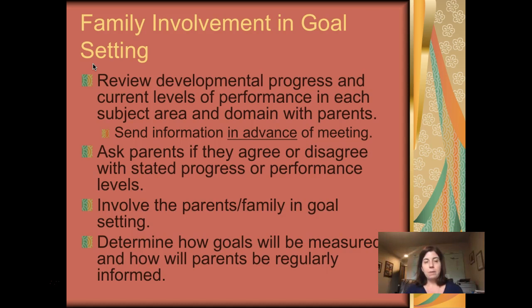The family should also be involved in determining how these goals are going to be measured and how the family is going to be regularly informed. Is it just going to be a paper coming home each quarter, which I wouldn't recommend, or how is that communication? We talked about how important communication is, especially when talking to families about measuring progress towards those goals.